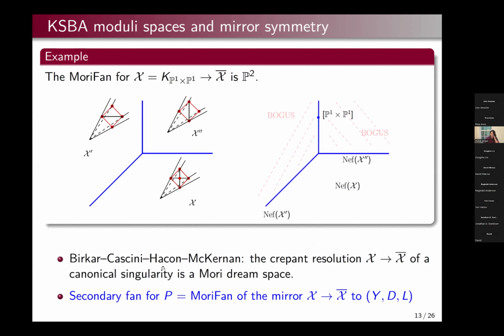And if you have a toric variety, it follows from the definition of the Mori fan that the Mori fan is always going to be the same fan as the secondary fan for your associated polytope.